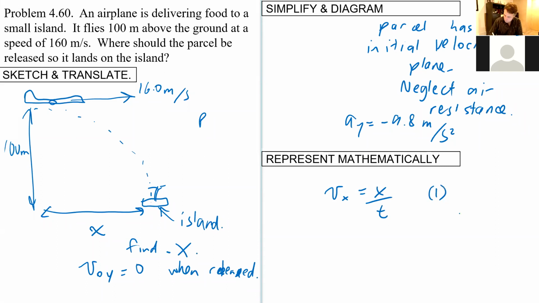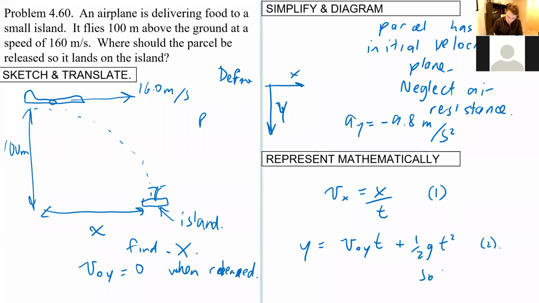I'm going to call that equation 1. And y is going to be v sub 0y times t plus, I'm going to actually define, by the way, y is down and x is this direction. So it's plus 1/2 gt squared. I'm going to call that equation 2, and I'm going to solve for x.